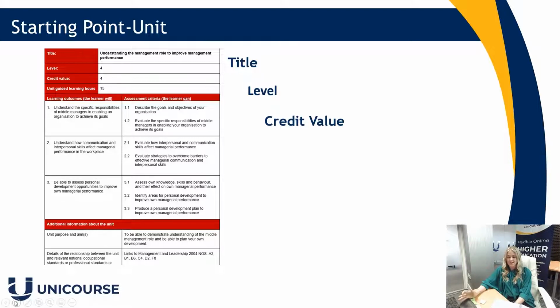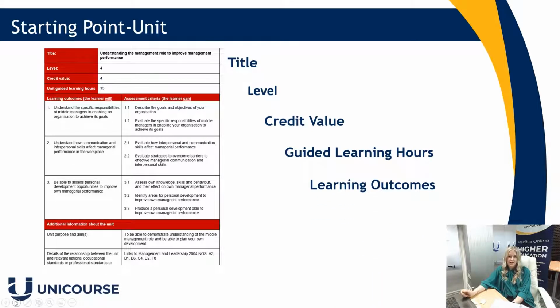As mentioned to the learners on the initial assessment and on induction, you should disregard the guided learning hours. Everyone learns at different speeds and researches at different levels and writes in different ways, so don't worry at all about the guided learning hours within the specification.